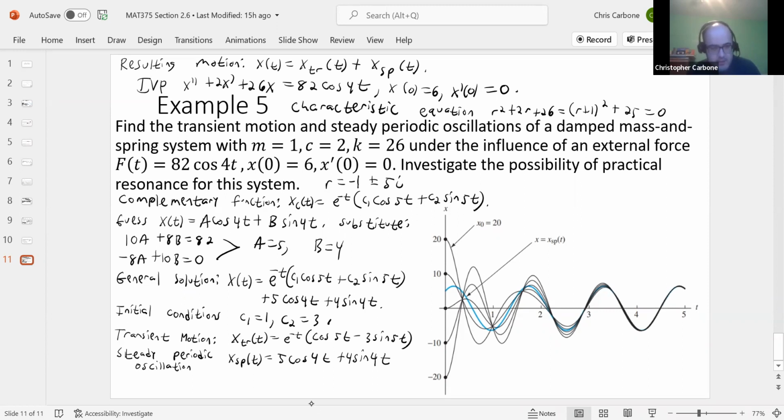So this can be written as the square root of 41 times 5 over the square root of 41 times the cosine of 4t plus 4 over the square root of 41 times the sine of 4t.